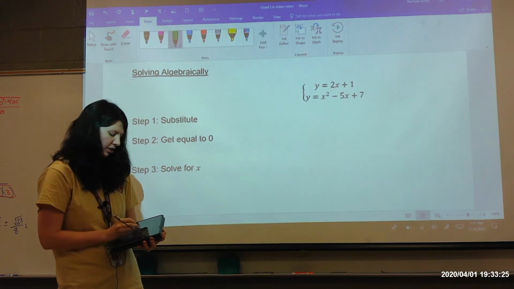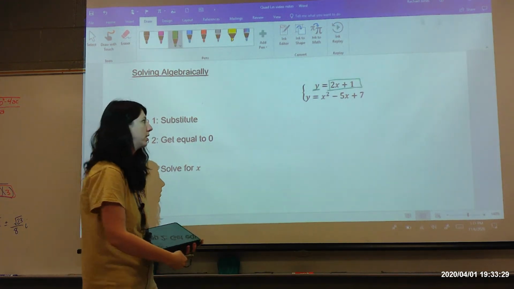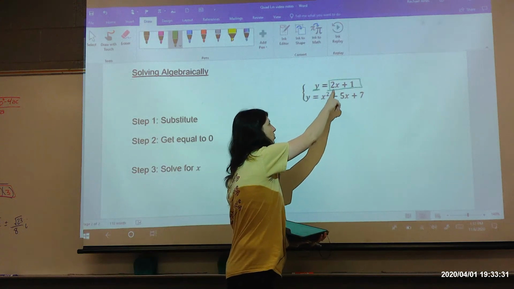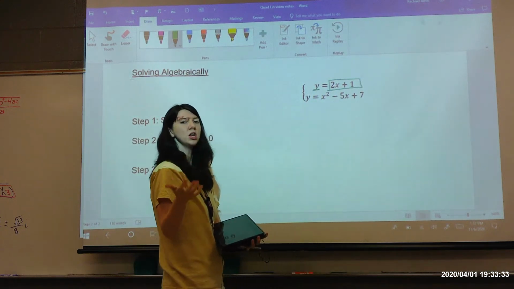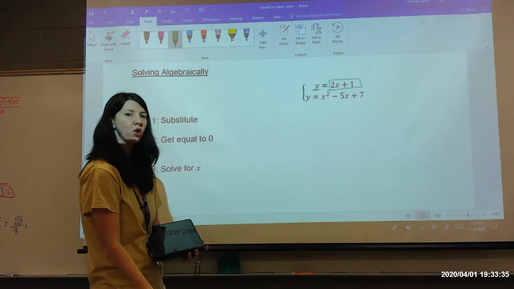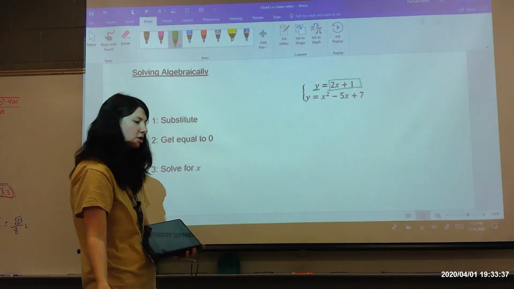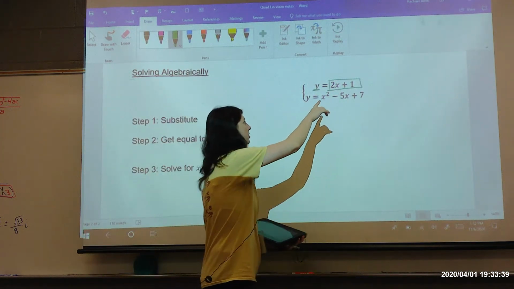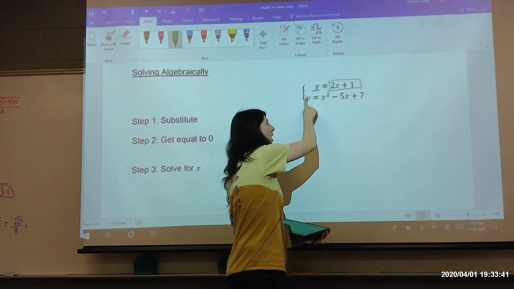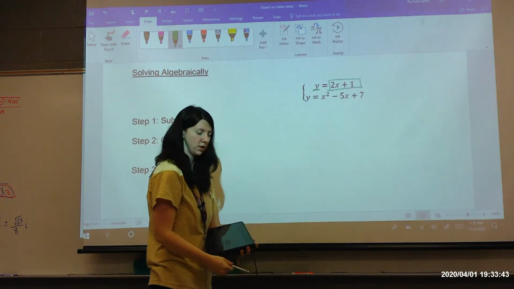The top equation tells me that y is equal to 2x plus 1. I want to know when their y's are the same. So that means if y equals 2x plus 1 up here, this y needs to equal 2x plus 1 as well.